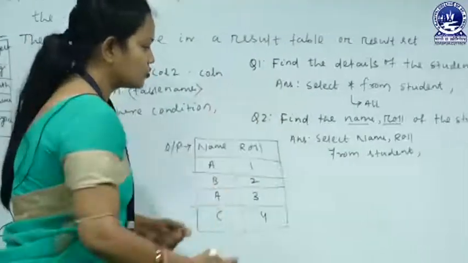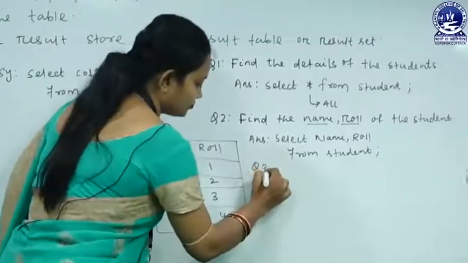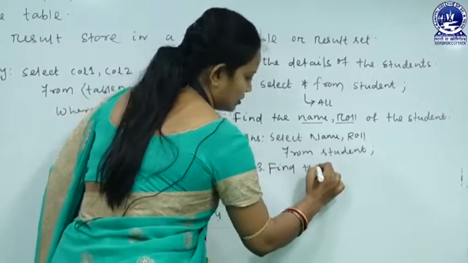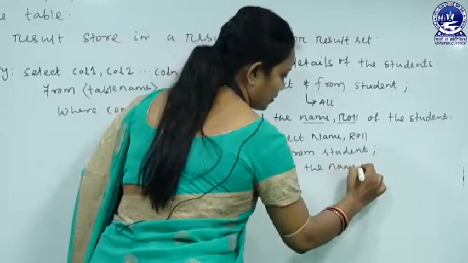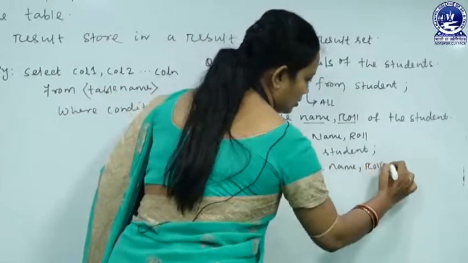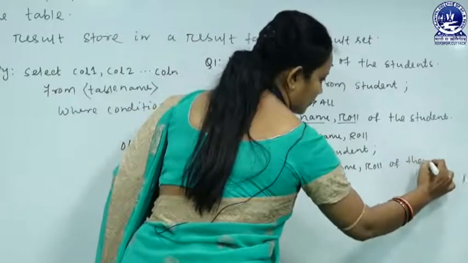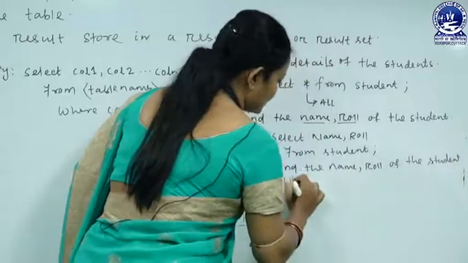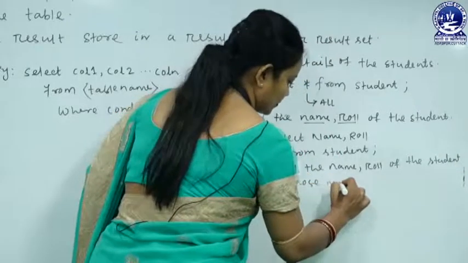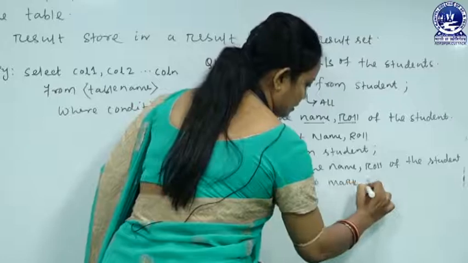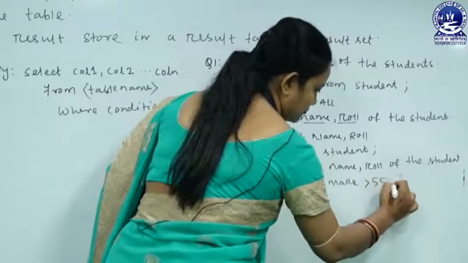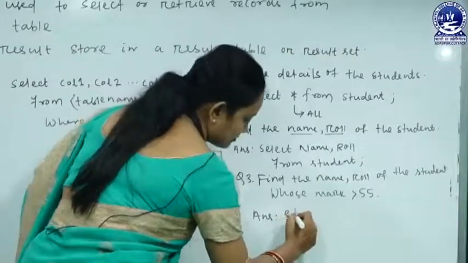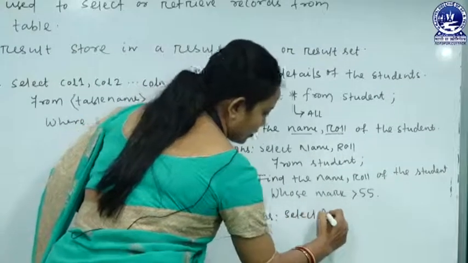Okay. Suppose we have another query: find the name and roll of the students whose mark is greater than 55. For that I can write the query: select name, roll from student table.